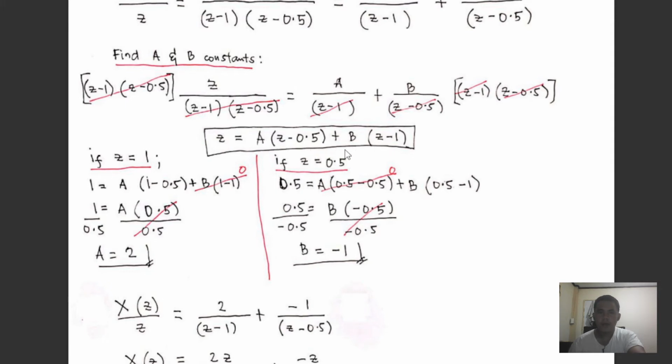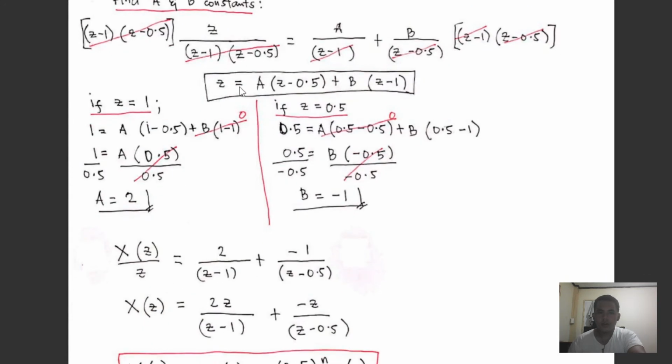Okay, we use this equation for solving. If z equals 1, we substitute z with 1, so we get 1 minus a, the quantity of 1 minus 0.5, plus b times 1 minus 1, so this is equal to 0.